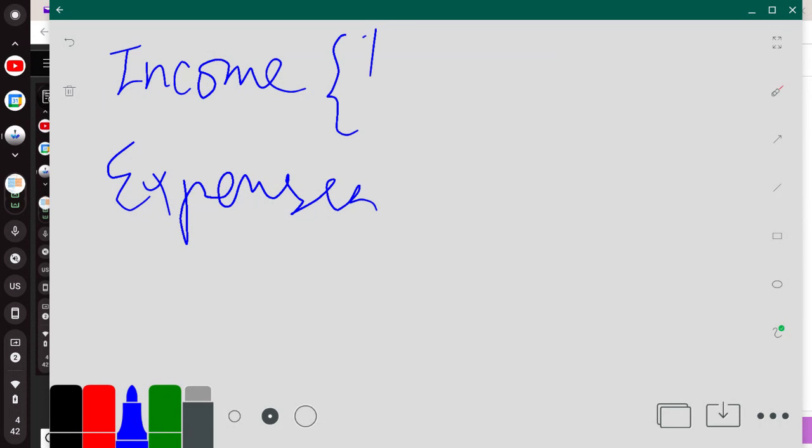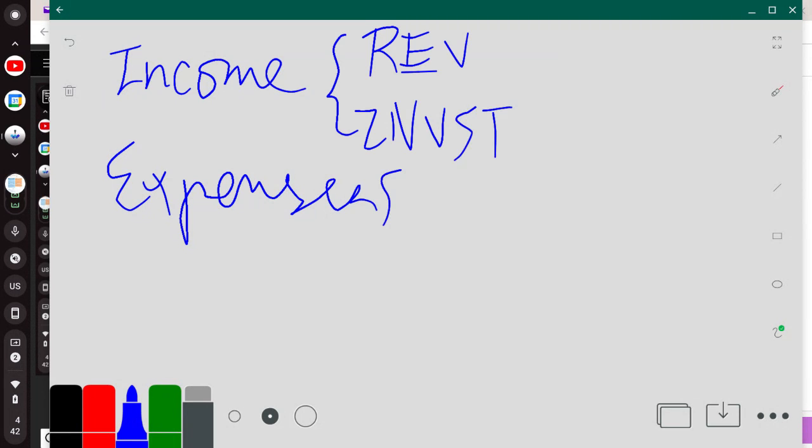Of course, in income, there is sales revenue and investment income. And in the expenses, first, CGS, and operating expenses.